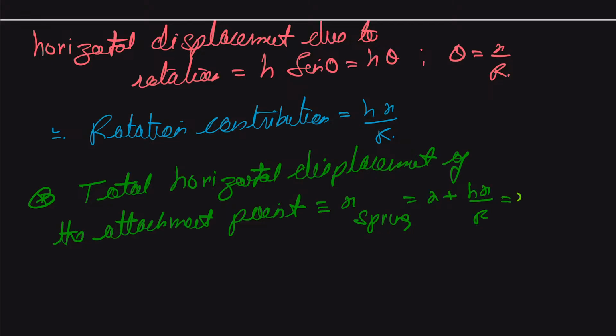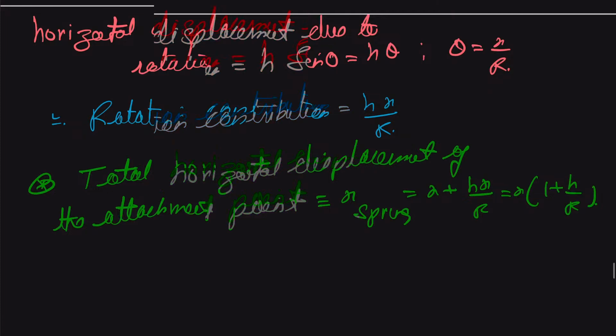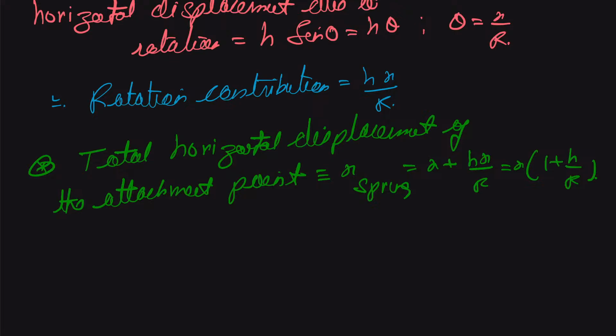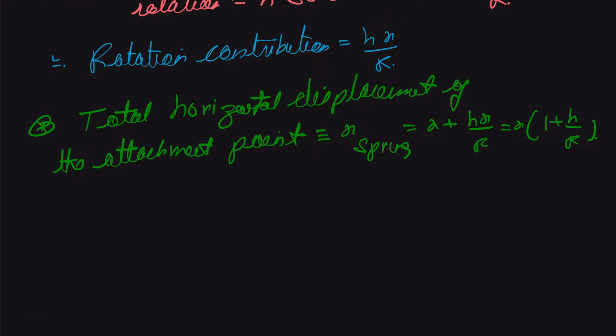We can take x as common, so this comes as 1 plus h upon r. Let us call this 1 plus h upon r as lambda. Therefore, x spring is equal to lambda times x, where lambda we have taken as 1 plus h upon r.